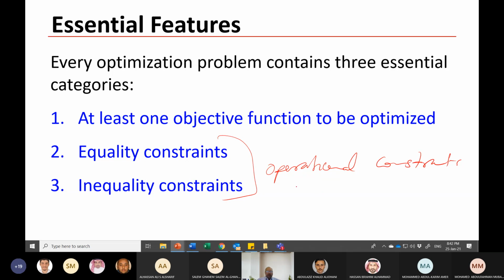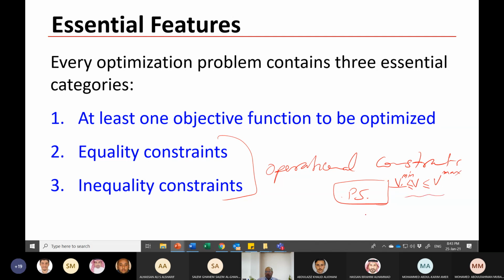For example, you can have a bus system, or a synchronous machine or motor or whatever. You have operational constraints here. For example, for a bus system, the voltage must be within certain bounds, voltage minimum and voltage maximum.